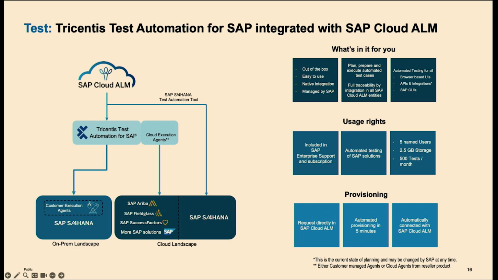I think there are many sessions on test management, so it's not new, but it's there. And you have the usage right to start with it, with some limitations which are known, but it's there. When you subscribe to SAP Cloud ALM, you also get a Tricentis test automation subscription, and you can start developing your automatic test cases in Tricentis. And those tests could then be linked in your CI/CD pipeline. Okay?